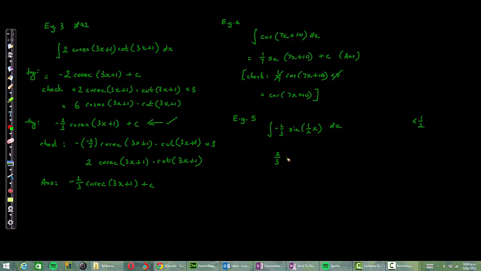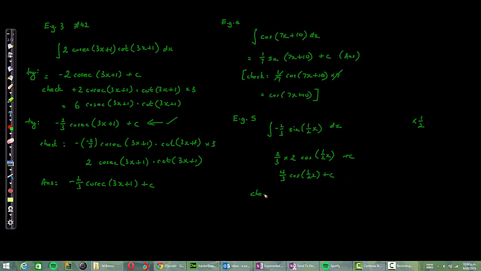So I'm going to multiply by 2, and cosine(1/2 x) plus c, and let's just tidy that up. 4/3 cosine(1/2 x) plus c, I reckon, is the answer.